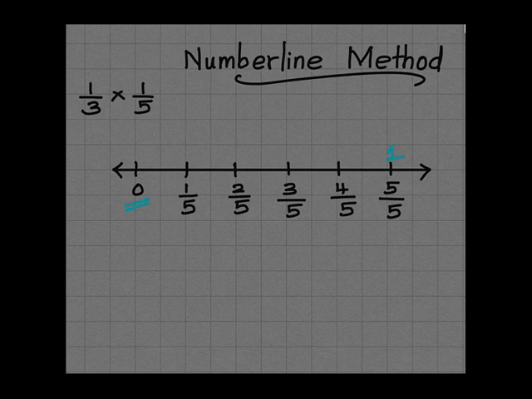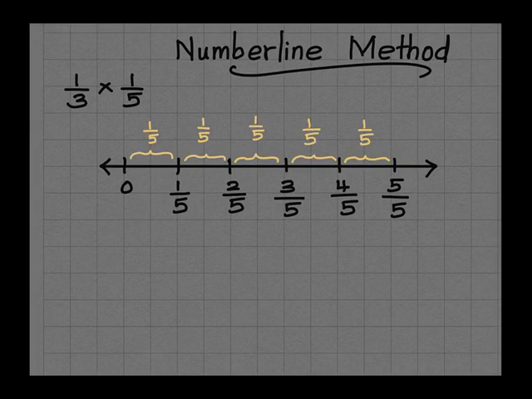And the number line is partitioned into fifths. That means each unit is 1/5, 0 to 1/5, and then it becomes 2/5. So this unit is 1/5, and then it becomes 3/5.